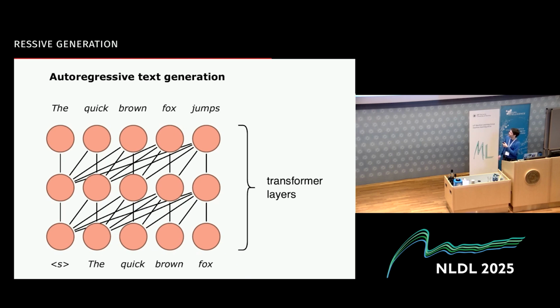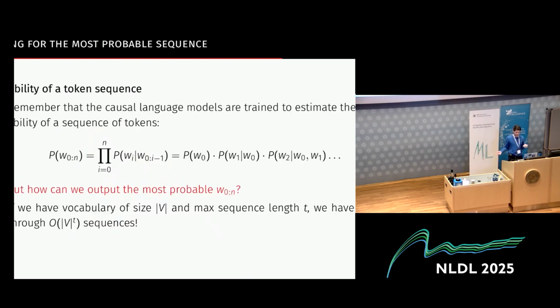Right? So now the only question is, how do we pick the output from the distribution? There are two ways we can do it. We can either try to search for the most probable sequence, or we can do it by random sampling. I'm not sure we have time to really go into details here, so I will go very quickly.